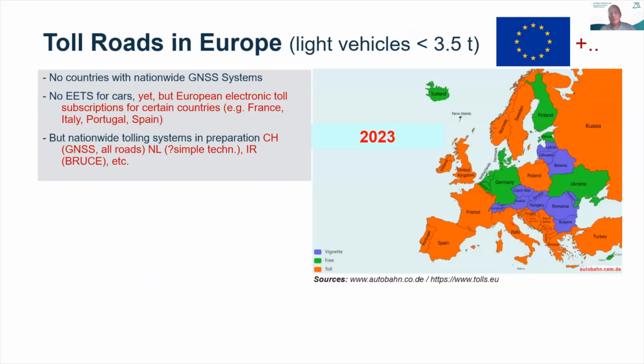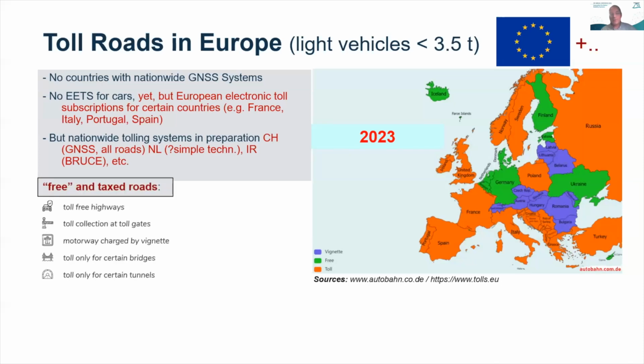Just a quick view on the European toll road map. This is another view. It looks coherent because a lot of the countries are in red, but there are all kinds of solutions. You have toll-free highways, toll gates, manual, vignette solutions, certain bridges, tunnels. And we don't have nationwide satellite GNSS systems.